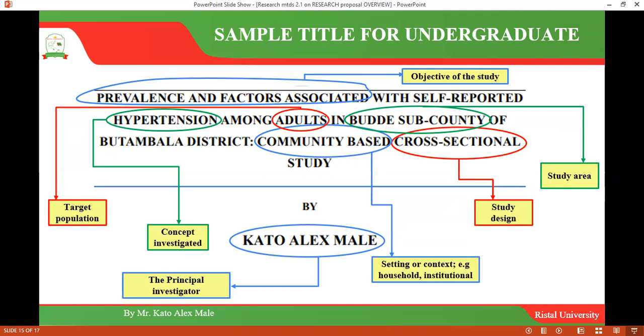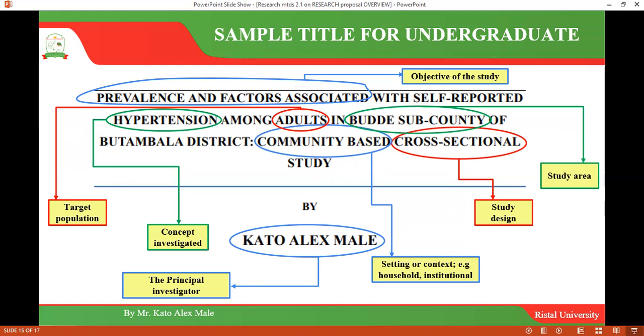Among adults, like you're seeing here, is the target population. It is the population you're targeting. It can be among adults, among pregnant women, or among children between 5 to 10 years. Then the sub-county is the study area.